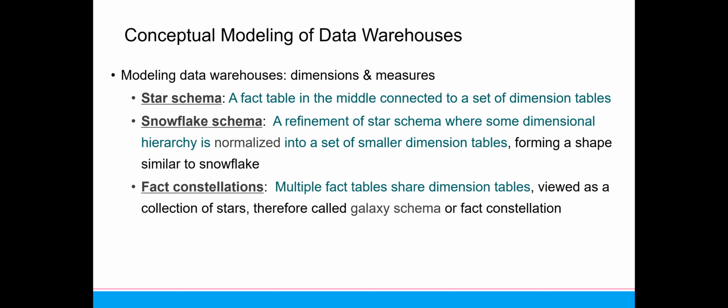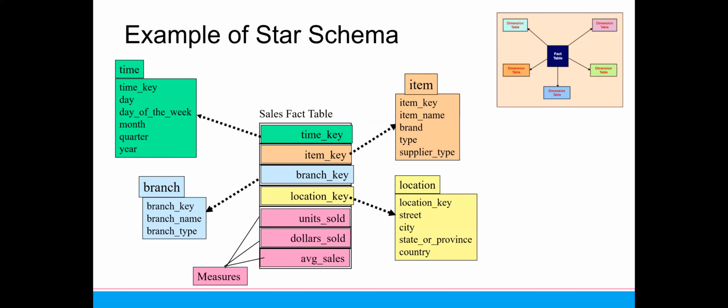Maybe it's better to see the figure like this one, because this is a star schema. The fact table is in the middle, and then we have dimension tables around it.